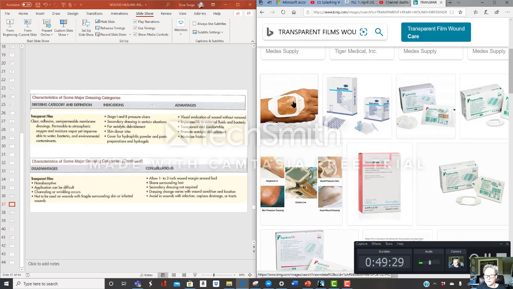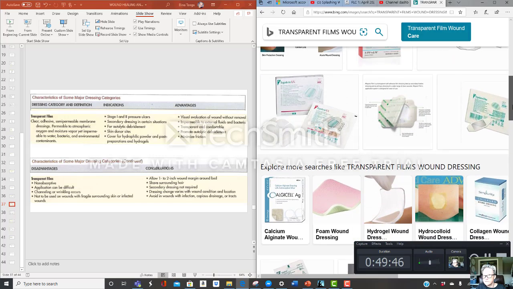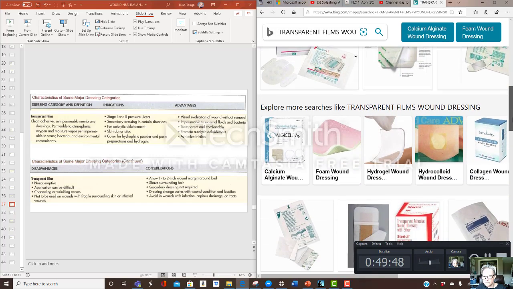There's a transparent film, Tegaderm. That's a pretty popular one that you hear a lot of.